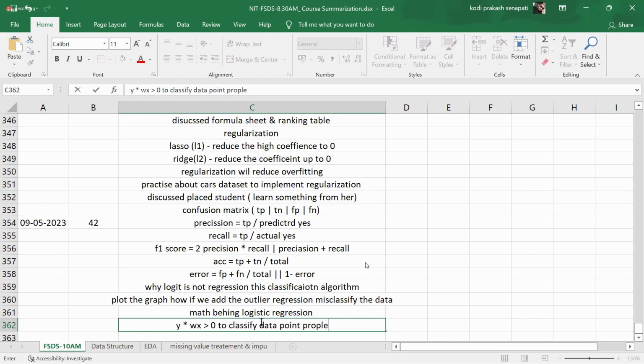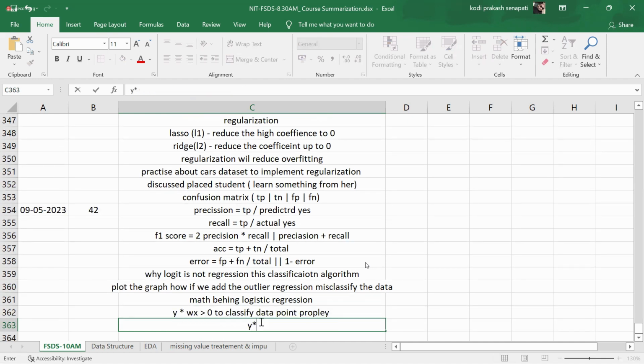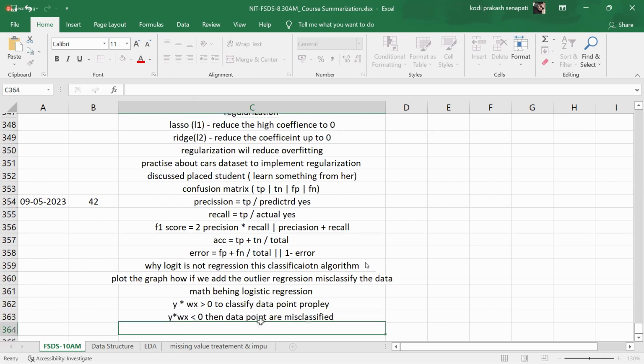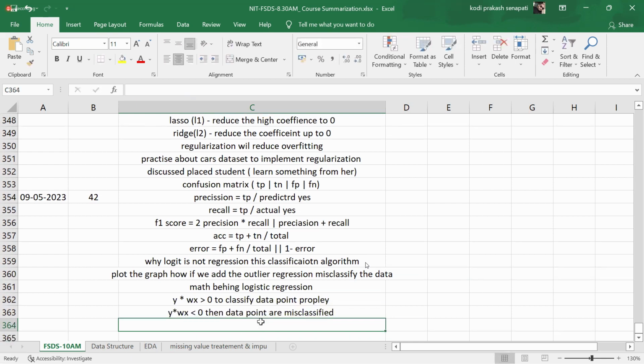But there is a condition. If yi into wx is less than 0, then the data points are misclassified. That's why every time we need to maximize yi into wx, guys. Do we understand or not?